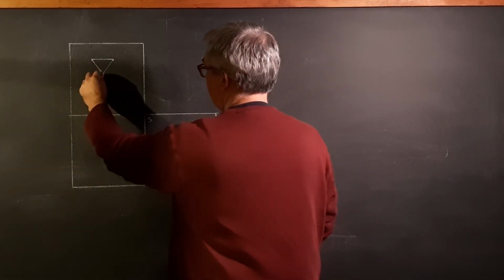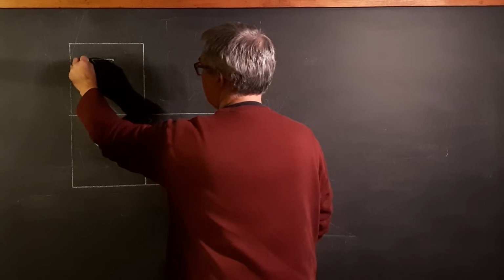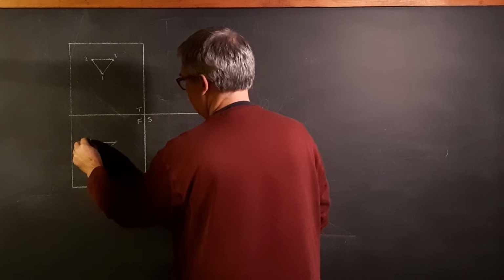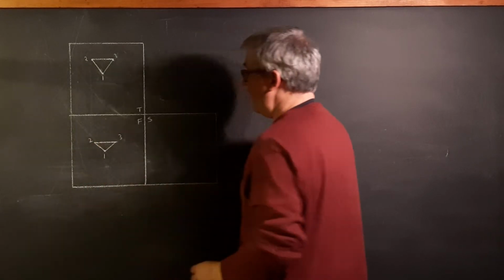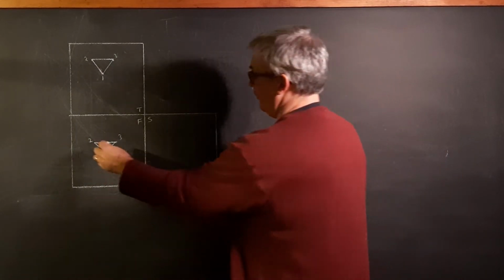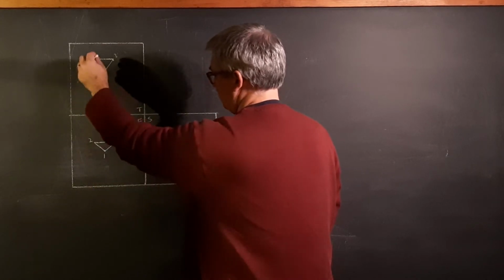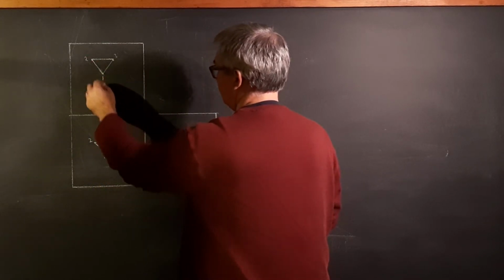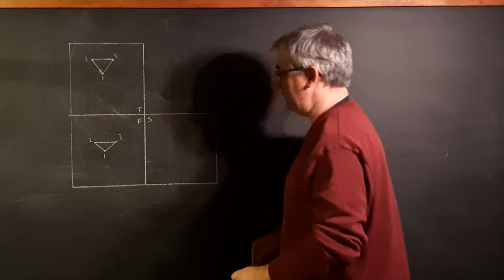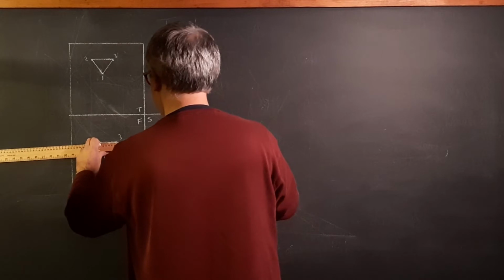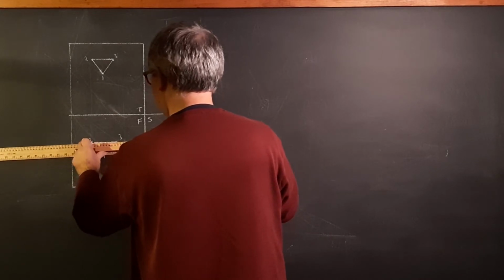We have 3 points, right? We have point 1, point 2, and point 3, and point 1, point 2, and point 3. Point 2 is directly above point 2 from front to top. 1 is directly above 1, 3 is directly above 3. So just like we did with the sticks, we make a line, and 2 and 3 are in alignment here, right?